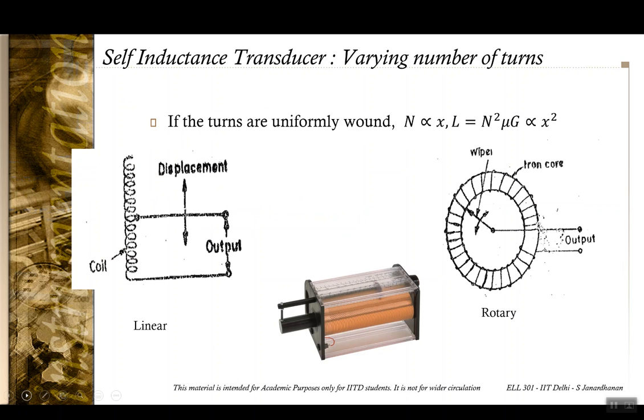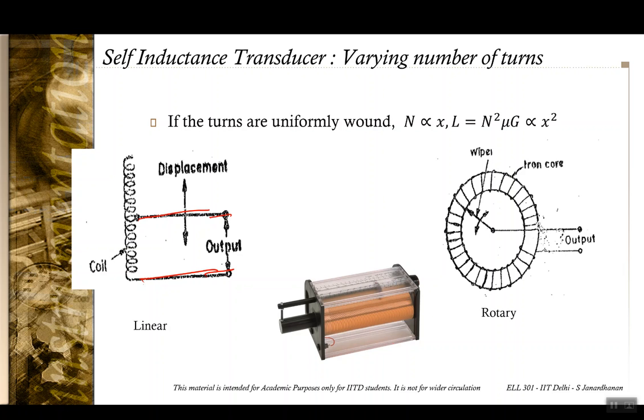So by varying the number of turns, you can have a self-inductance transducer. Now there is a single coil here, and you are trying to measure the output across a portion of the coil. This setup is very much similar to the resistance potentiometer.